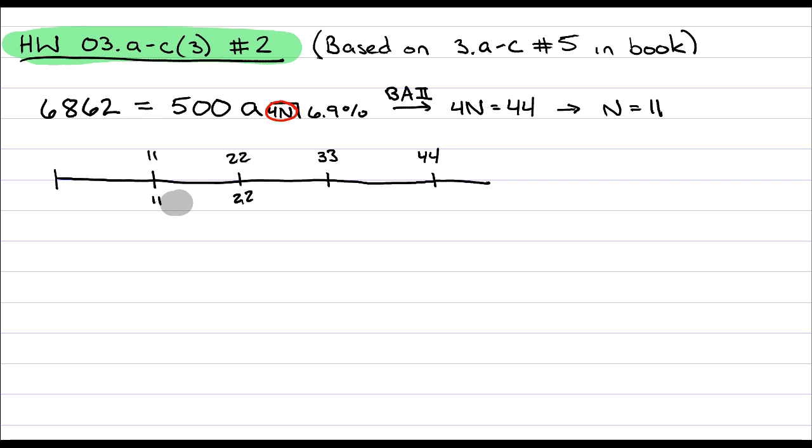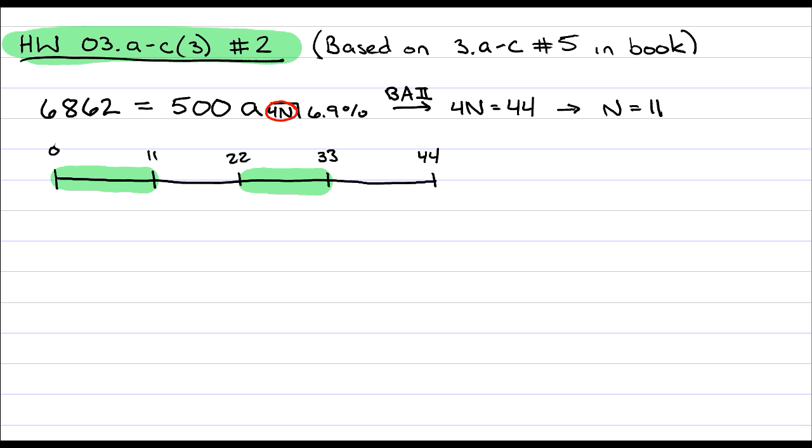I'm not going to draw all the times, just these relevant ones. And so this kind of breaks things up into 4 sets of 11. I am particularly interested in the present value of this first set of 11 payments and the third set of 11 payments. So let's see if we can figure out the present value of these payments.